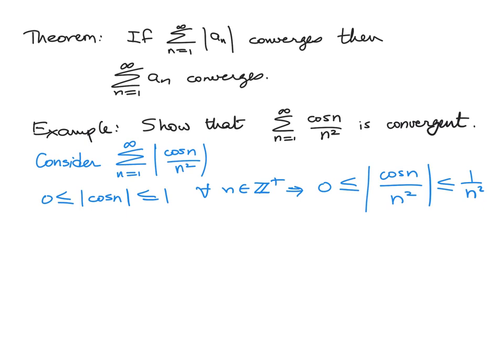So I'm making a comparison test here for the series of absolute values. If I look at the series of 1 over n squared, sigma as n goes from 1 to infinity of 1 over n squared, that is a p-series with p equals 2, which is greater than 1, so it converges.